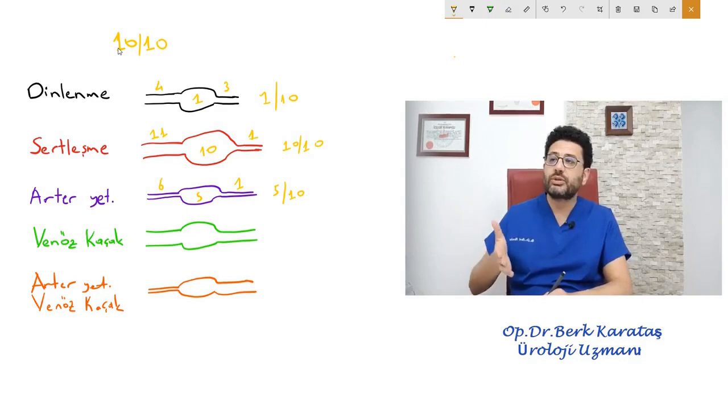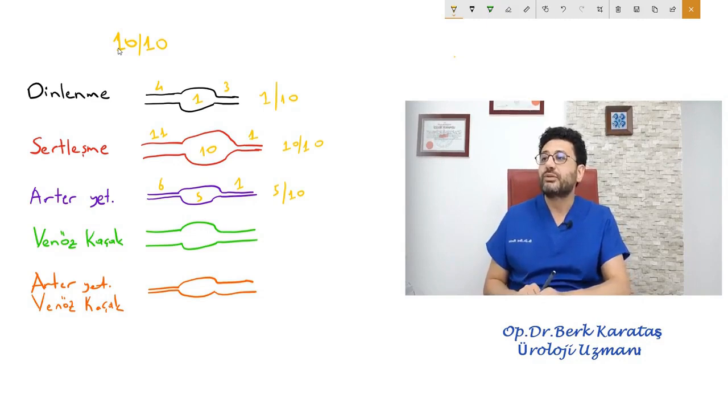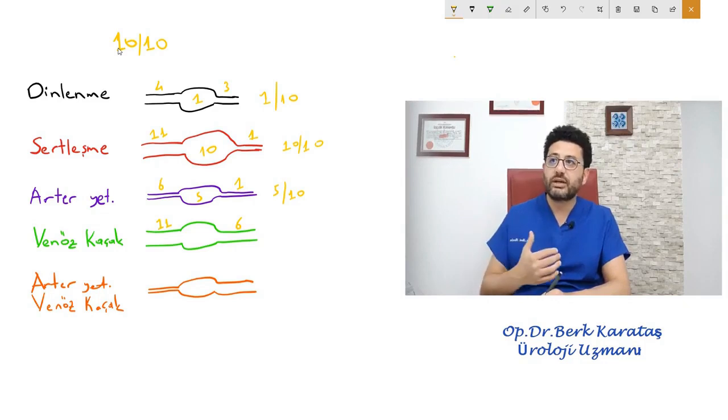Venous leakage is very important. There are quite a few questions coming in about this, and we've also received a request for a few videos. In a venous leakage case, it's not the artery, so the incoming blood is normally 11 units. But instead of 1 unit of blood going out, for example, 6 units are going out. So it's leaking a lot of blood.